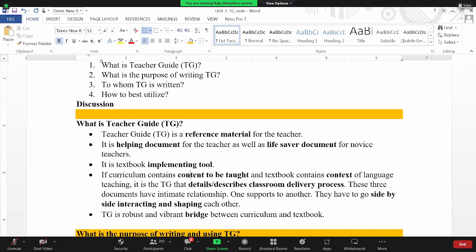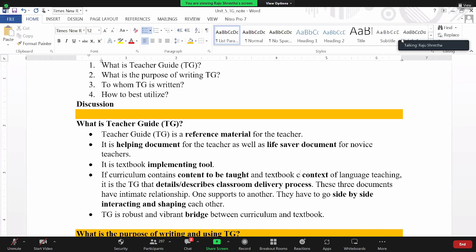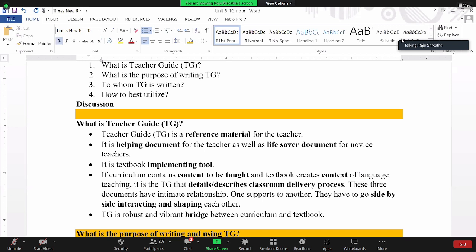So if the curriculum contains content to be taught, then the textbook creates, sorry, the textbook creates the context of language teaching, and it is the TG that describes the classroom delivery process.